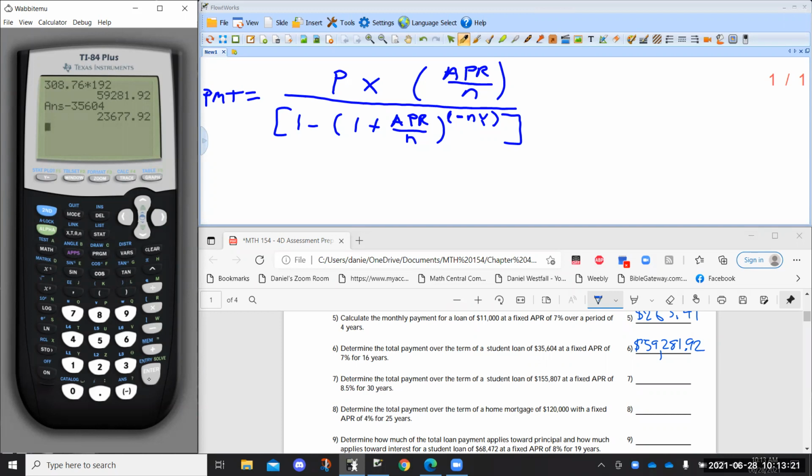So that's not just free money that, you know, you borrow 35,604. That's not just what you're paying back someday. You're probably paying back, you know, 150% of that, roughly, because that's how they make their money.